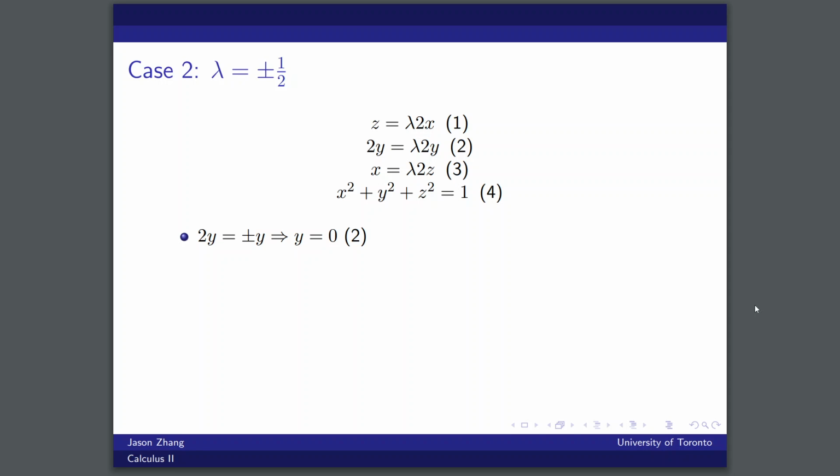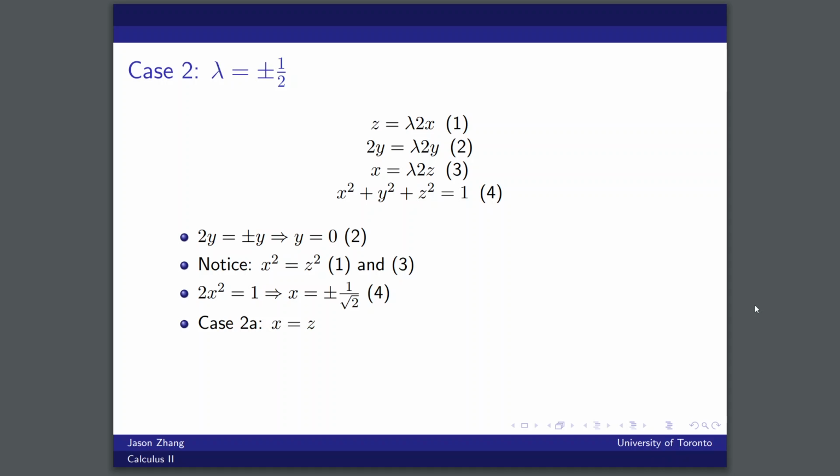In case 2, which is lambda is equal to plus or minus 1/2, plugging that into equation 2, we would see that y has to be equal to 0. We also should notice that in this case, equations 1 and 3 tell us that x squared is equal to z squared. And so plugging this into equation 4, we would get 2x squared is equal to 1. So x is plus or minus 1 over square root 2.